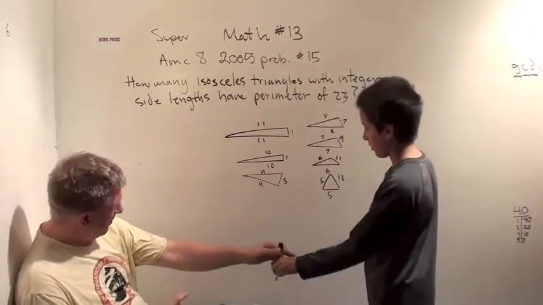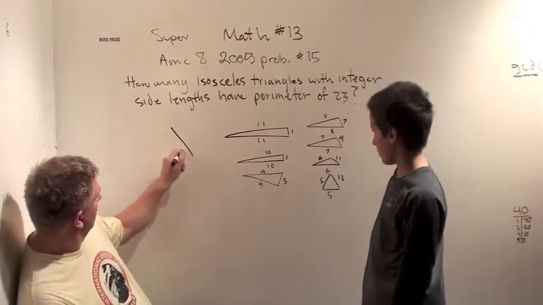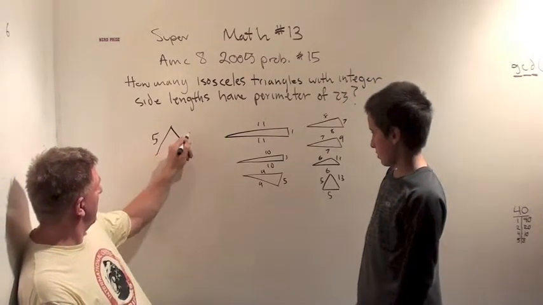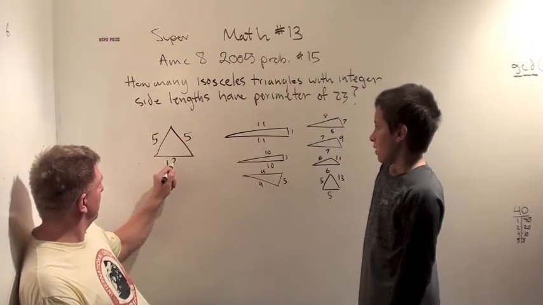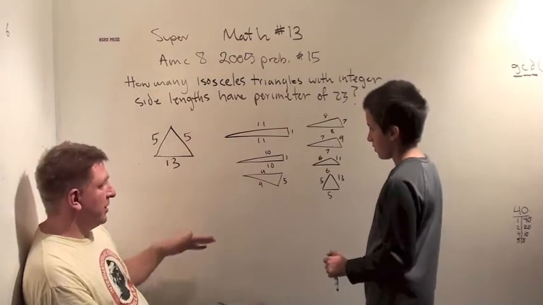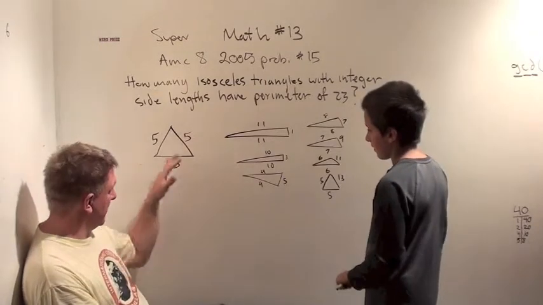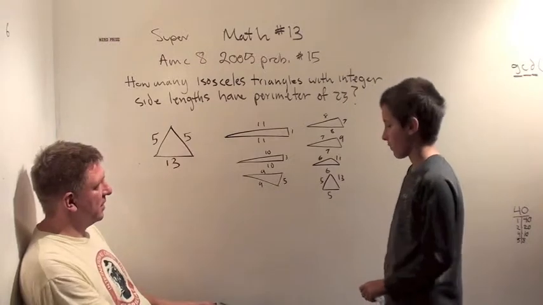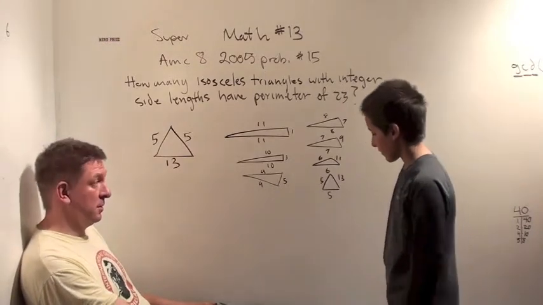Here, let's try that bigger over here. So the old 5, 5, 13 triangle. Now, at first you thought you could go all the way down to 1, but then you said this 5, 5, 13 triangle does not work. Why doesn't it work?